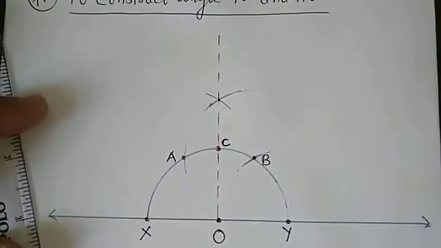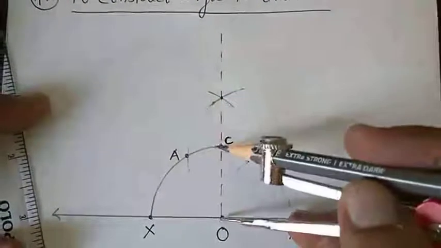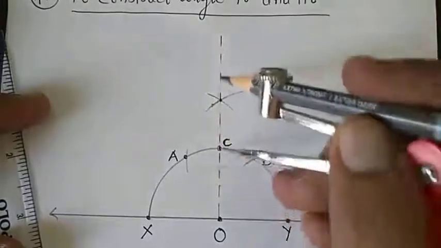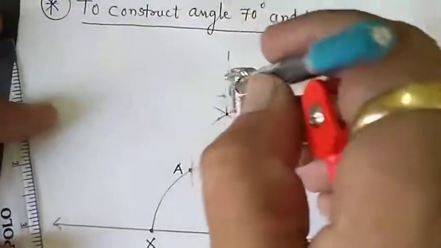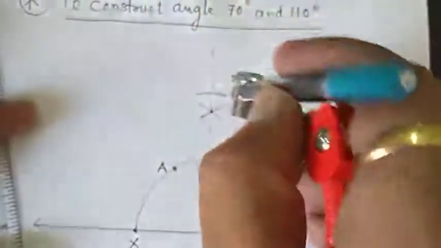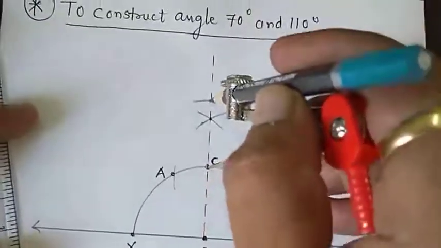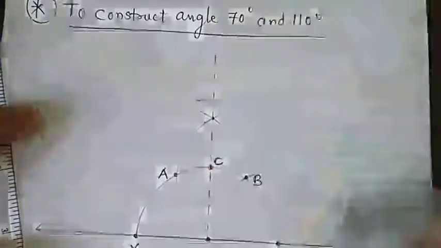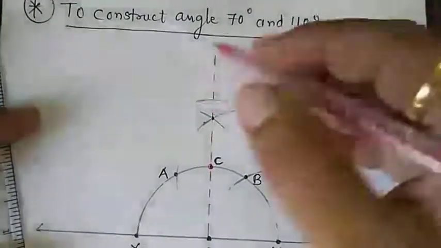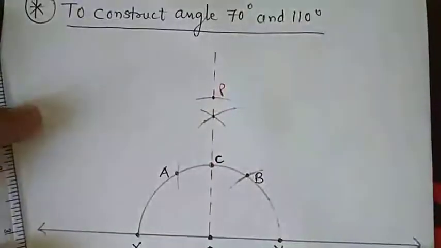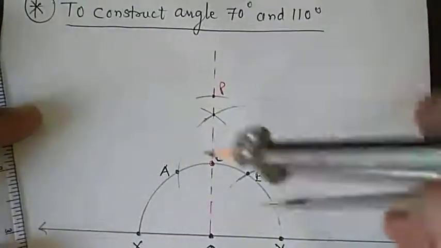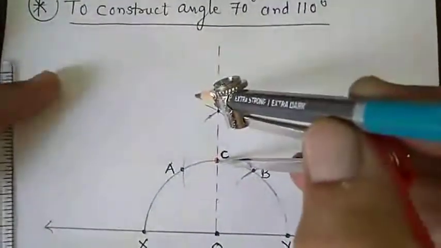Okay. Now we know that the measurement of OC is 3 centimeter. So from C as a center, draw another arc over here and name this point as P. Got the idea?